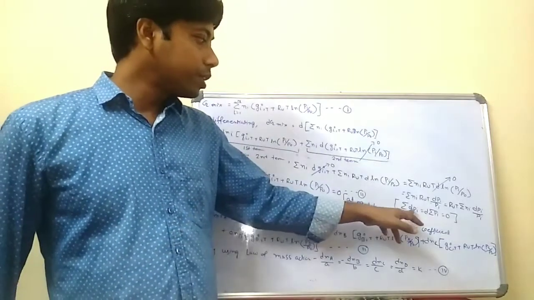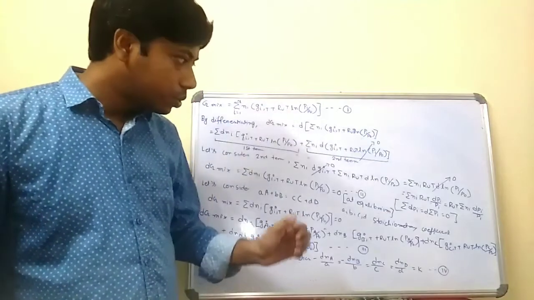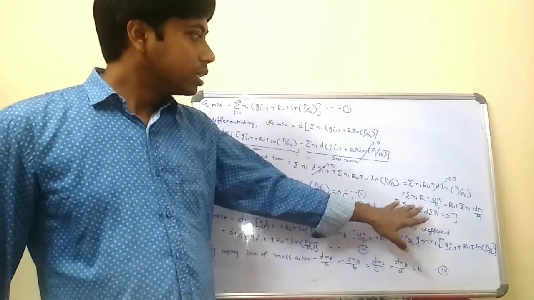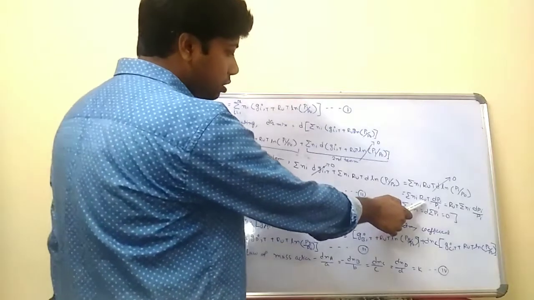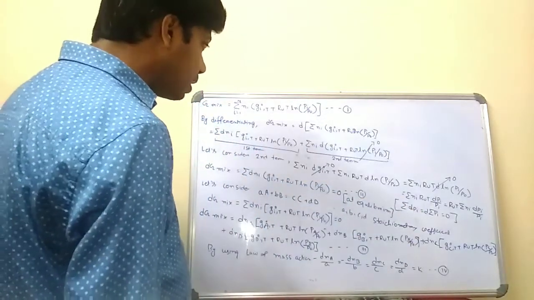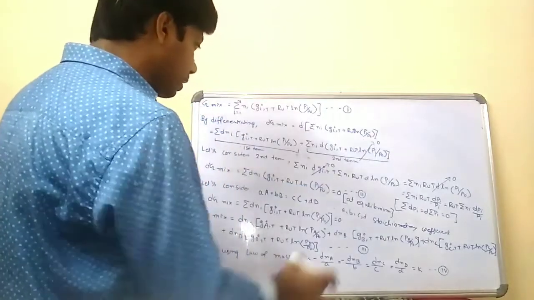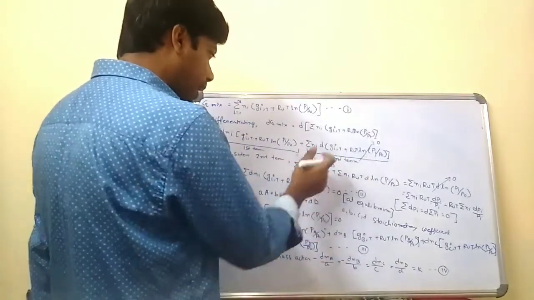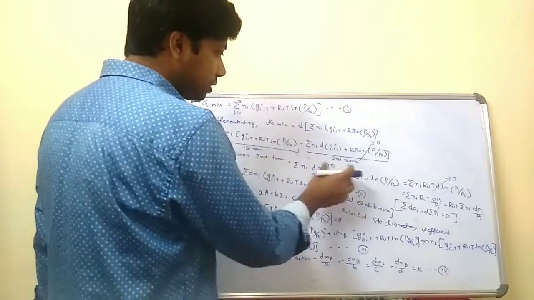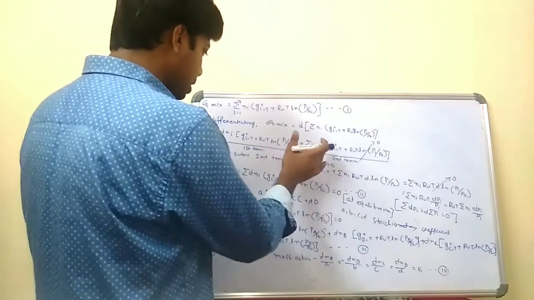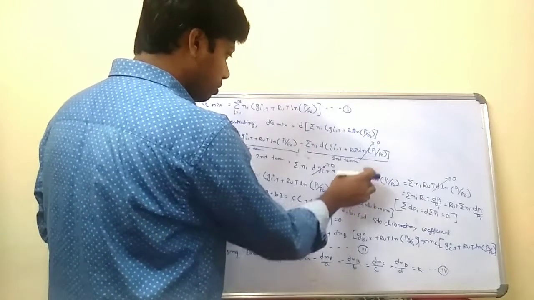So the summation of dpi is basically the differential of all the partial pressures, that is basically 0. If it is 0, then this equation becomes 0, okay. So if this equation becomes 0, then the second term is also 0.